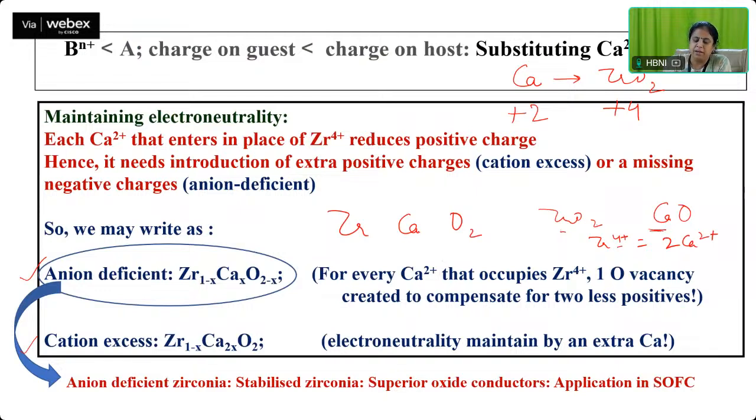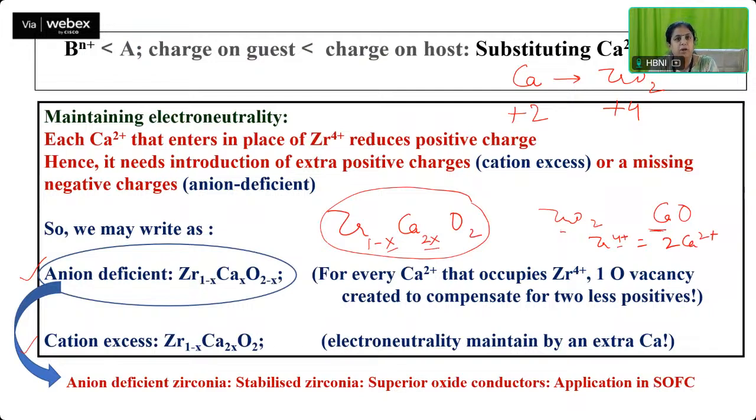In that case, if I substitute 2x of calcium, then X zirconium goes. Because every calcium will remove half a zirconium in terms of electroneutrality. So 2 calcium means you'll have to knock off 1 zirconium. 2x calcium means x zirconium has to be knocked off, and this is the nominal formula for the cation excess solid solution when we substitute calcium into zirconia.